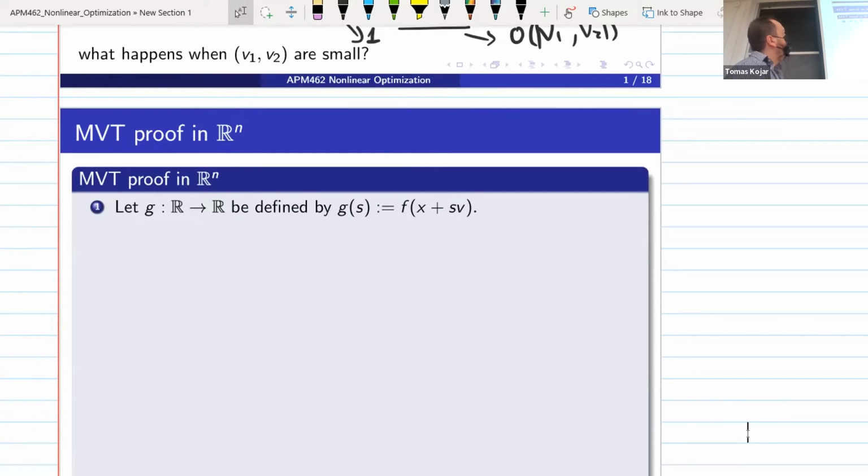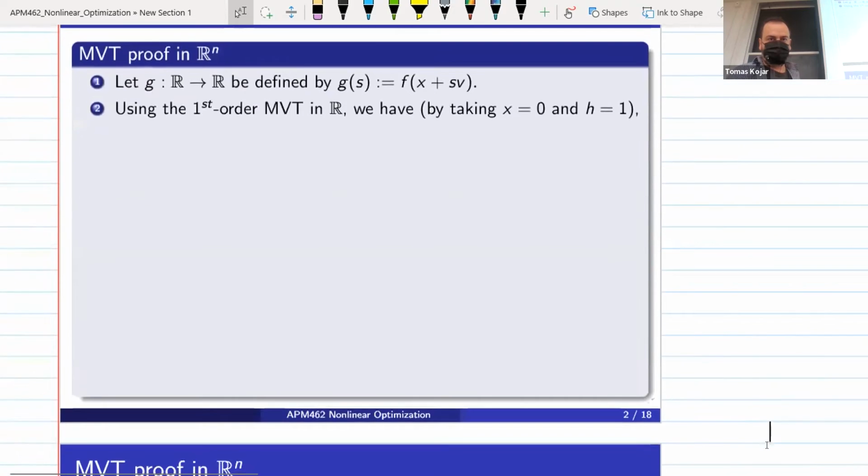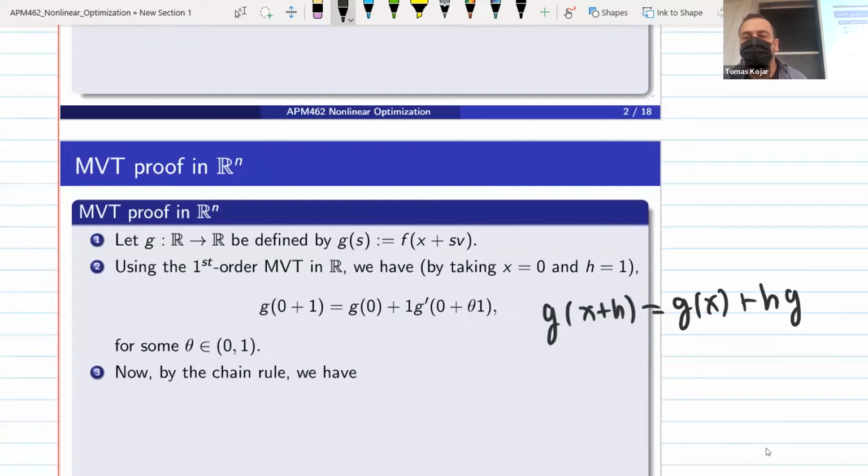Right. So the problem is 1D. Here's your function g(s), where s is in R, and then you have x plus sv, and I'm going to apply the mean value theorem to g(s). The mean value theorem in 1D says that g(x plus h) is equal to g(x) plus h times g prime of x plus theta h. Let me write it underneath.